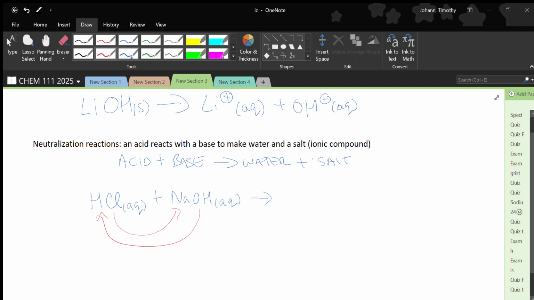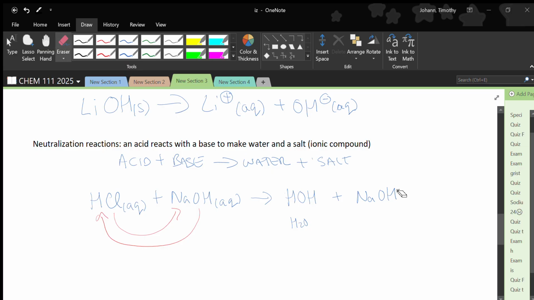And so this is going to become HOH, otherwise known as water, right? Just in terms of seeing those things. And then sodium hydroxide. No, not sodium hydroxide. Sodium what? Chloride. Thank you. Okay.